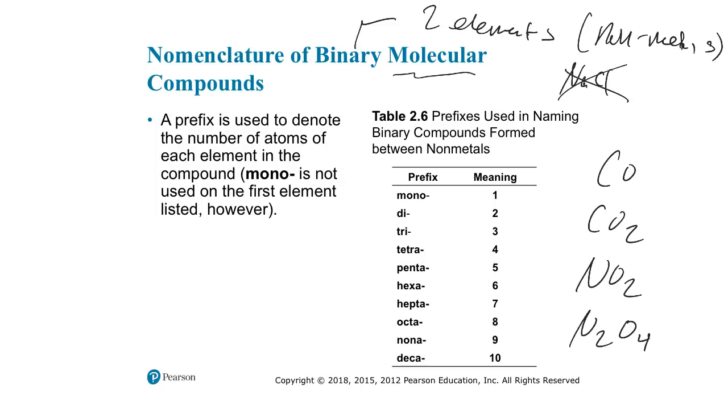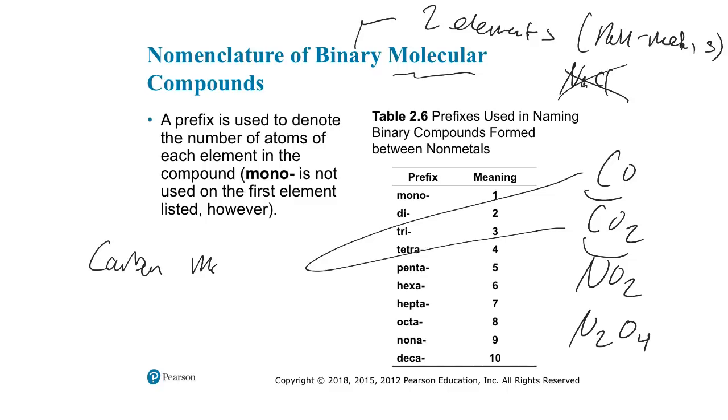So our nomenclature system here begins with pointing out that carbon monoxide and carbon dioxide are perfectly named with the system. So we have carbon monoxide and then carbon dioxide. We basically see our rules.